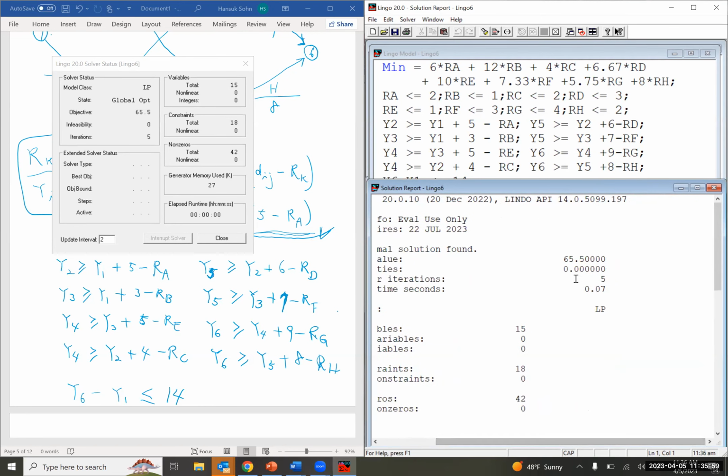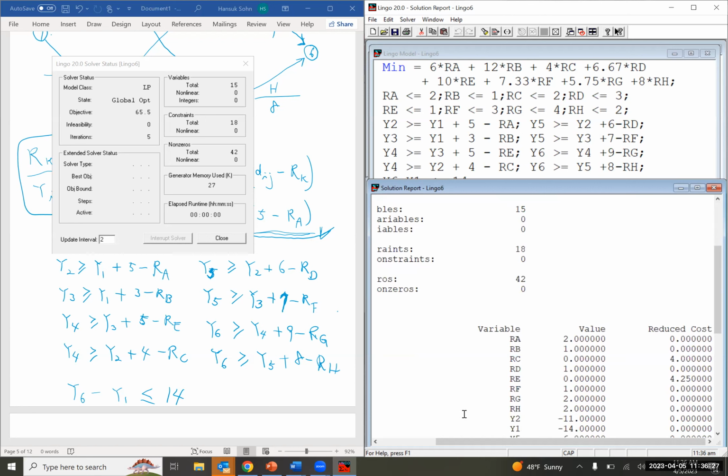So the optimal objective function value 65.5 tells you that the new project deadline of 14 days can be met for an additional cost of $65.50. Okay.